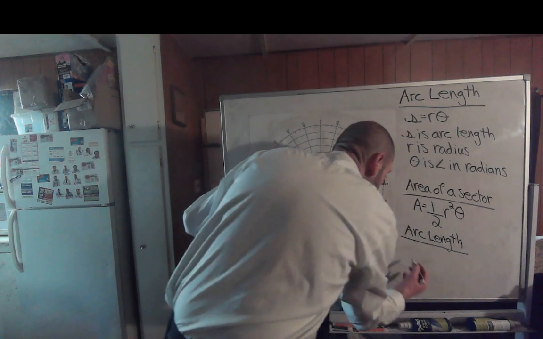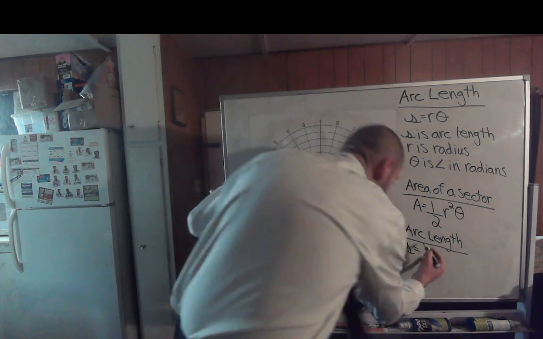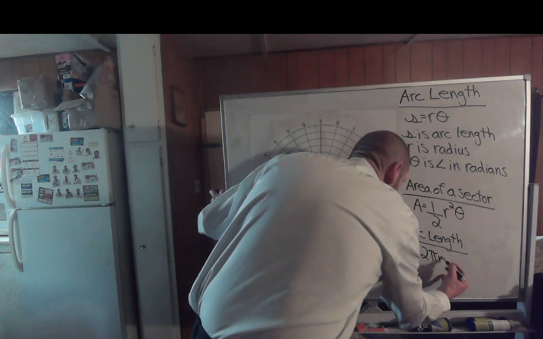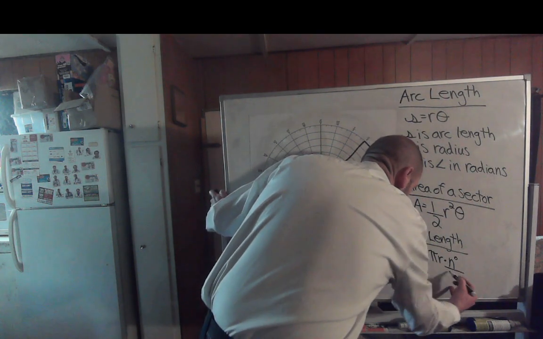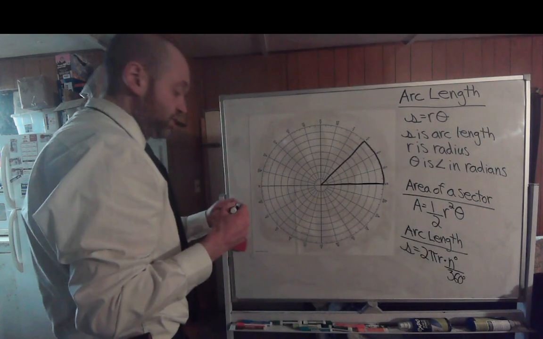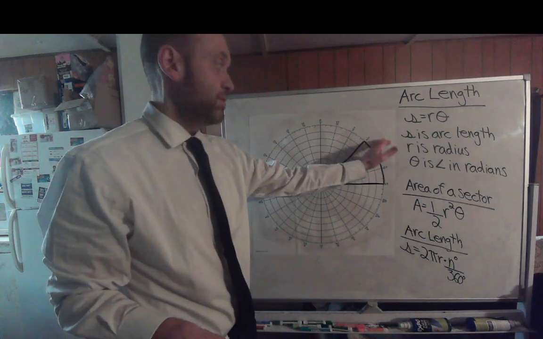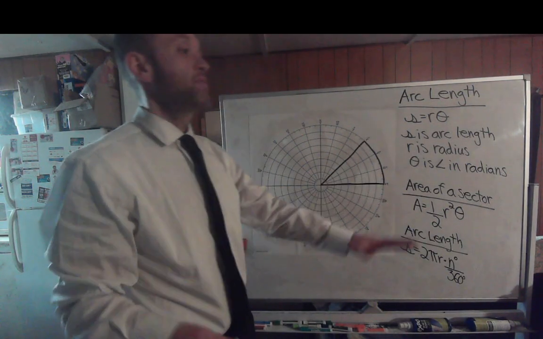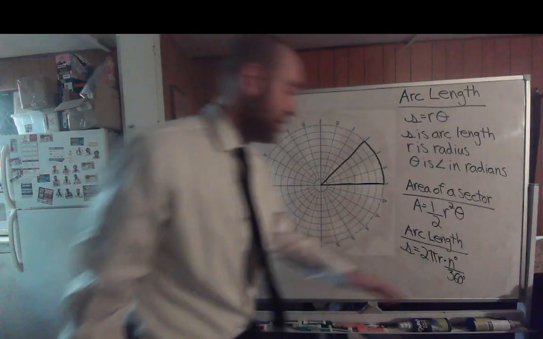The length of the arc would be equal to 2 pi r times the number of degrees out of 360 degrees. It was all based on degrees because arc length you could think of as a partial circumference, right? It's only the circumference of part of a circle, not the whole circle. So it was all based on degree measurement.